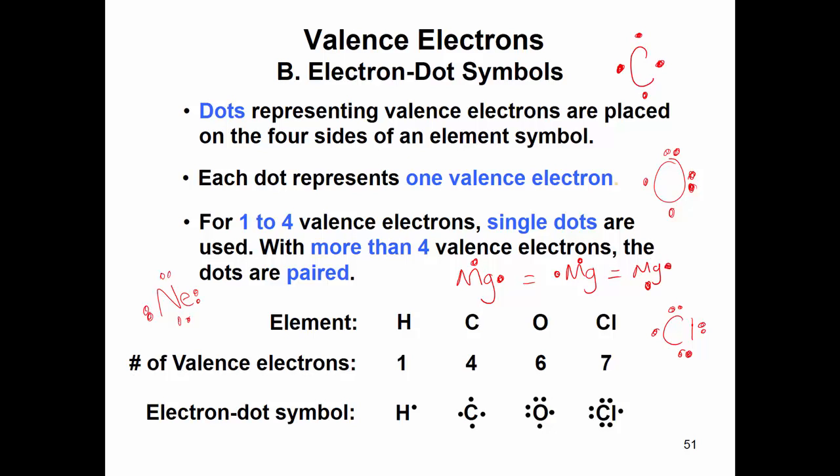You can kind of mismatch where you put things. The whole point though is that you singly fill them first and then double them up. So that is the same as if you did this. But no matter what, for chlorine here, you have 3 pairs, and then you have one side that just has a single electron.